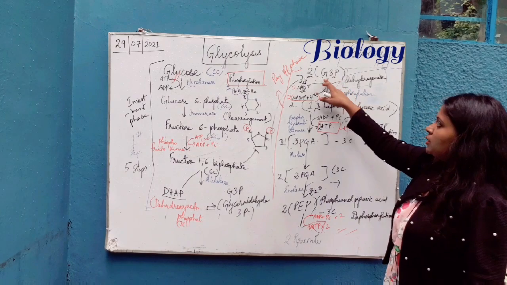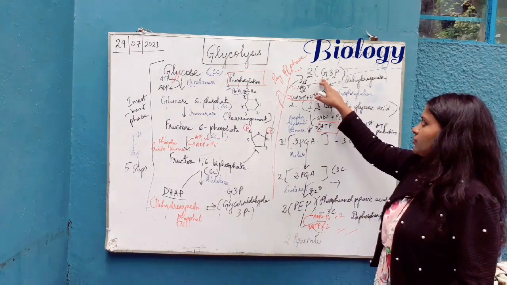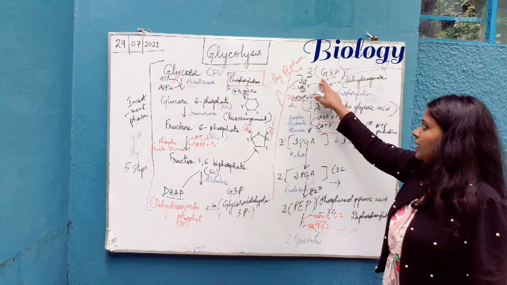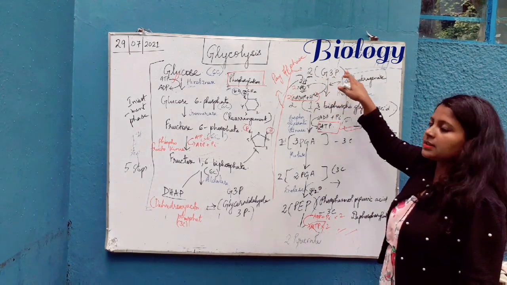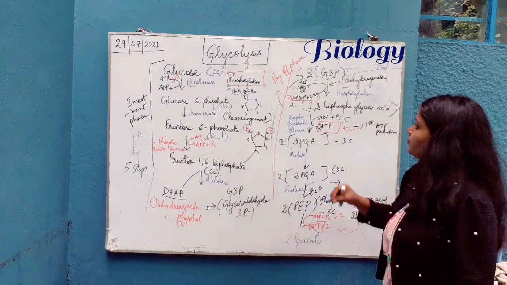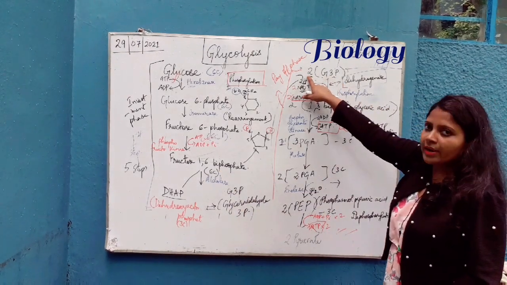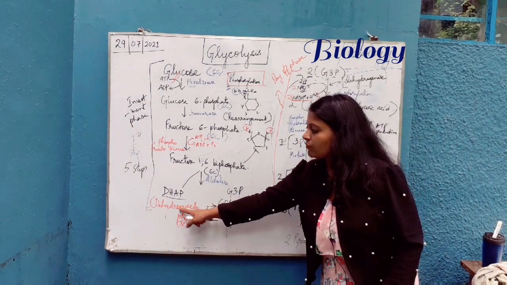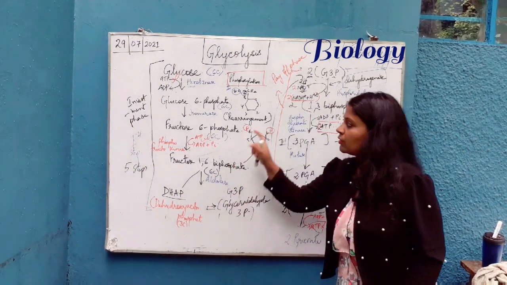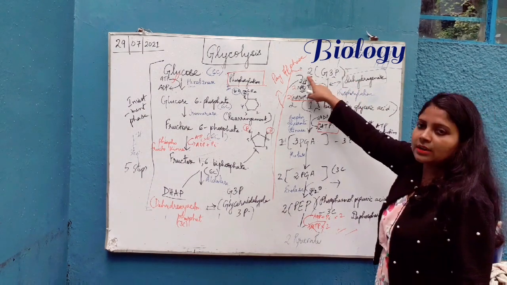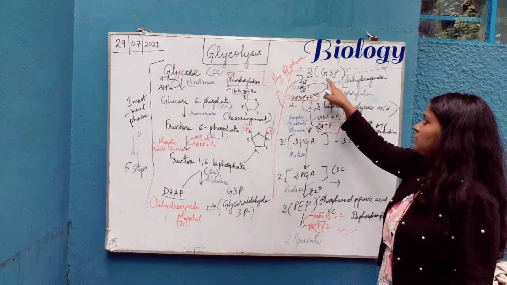Now, G3P, that is glyceraldehyde 3 phosphate, has phosphate at the 3rd carbon atom. This is always a 3 carbon compound because it has been split from a 6 carbon compound. I have repeated it twice instead of writing all the compounds formed from DHAP. So, I have written here 2 molecules of G3P.